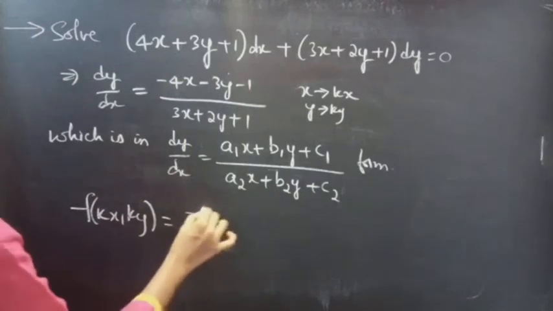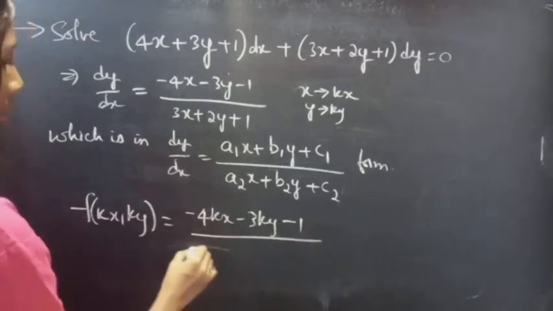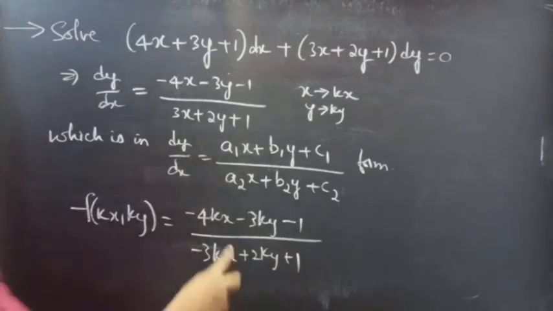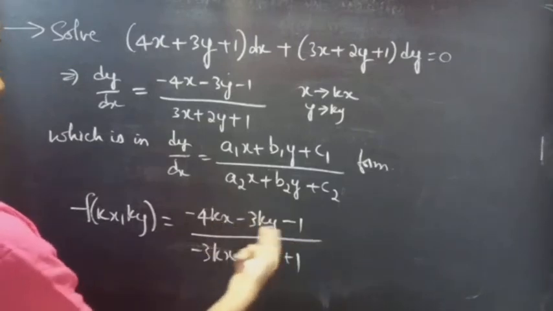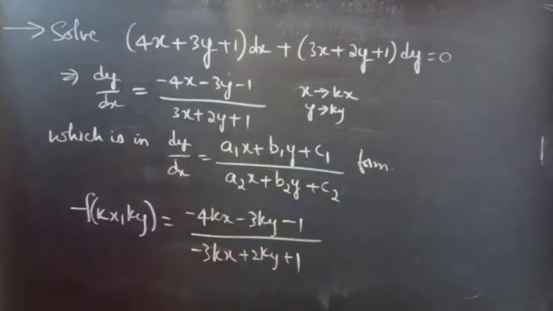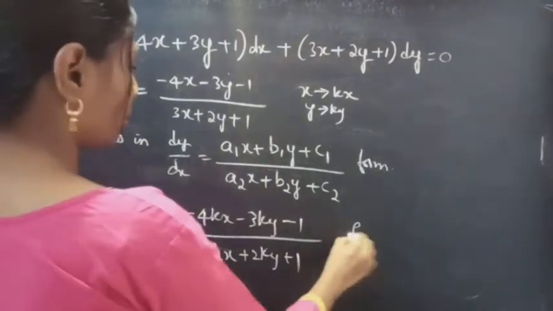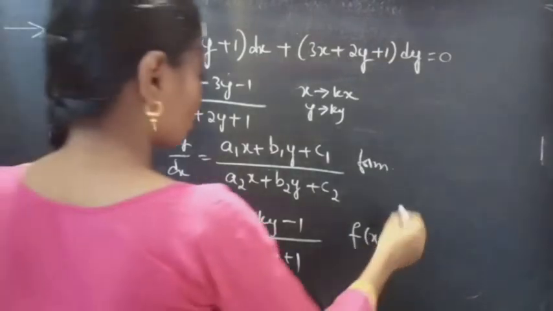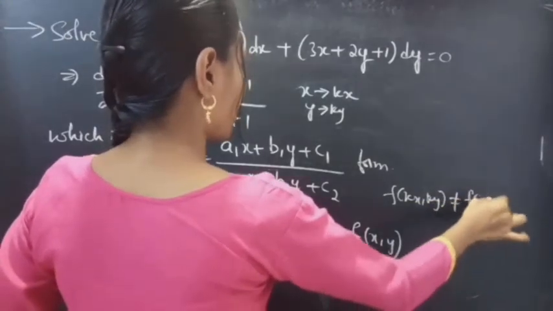Then we'll get (minus 4kx minus 3ky minus 1) by (3kx + 2ky + 1). See, we don't have k in all these three terms, so we can't take k common from all three terms in the numerator and also from all three terms in the denominator, and there is no possibility of cancelling k from numerator and denominator to get f of x, y, right? So we can say that f of kx, ky is not equal to f of x, y.